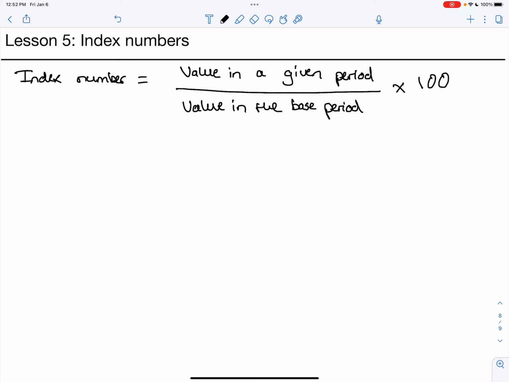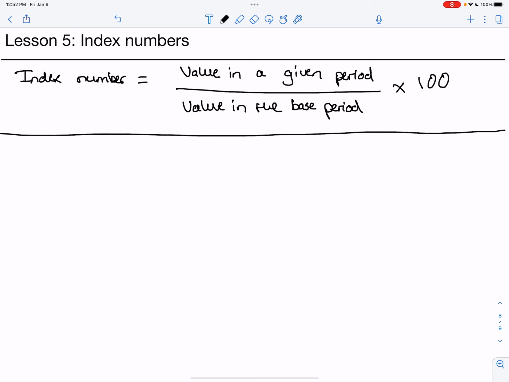Okay, so let's give an example. Let's say you have a pizzeria that's producing some quantity of pizzas every year. As economists who want to study this business, we have a list of quantities of pizzas from the years 2010 to 2015. So let's make a little data table.